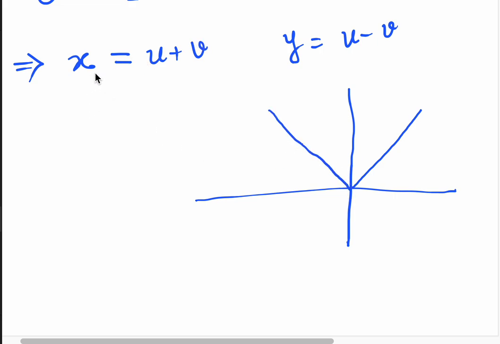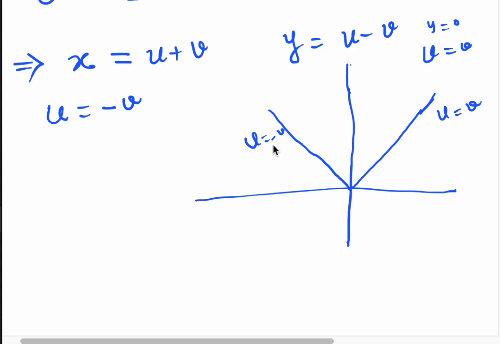So the minimum value you can take is minus v, and the maximum value you can take is u equal to v, and this is the u equal to v line, and this is the u equal to minus v line.